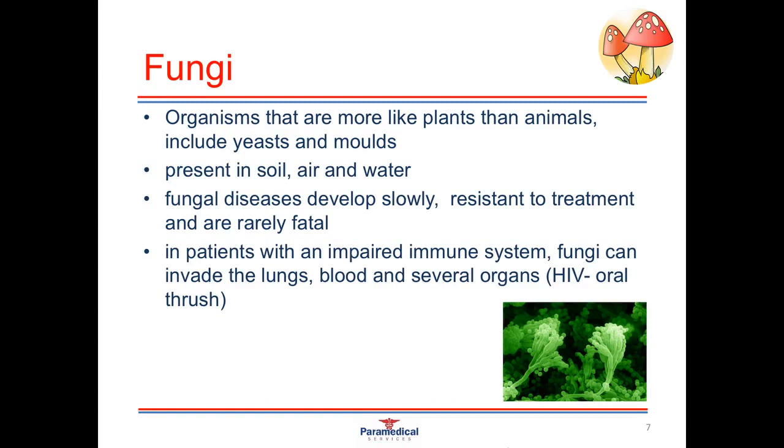For example, in an HIV patient with a very low immune system, fungi can invade the lungs, the blood, and several organs and have quite detrimental effects on those types of patients. Examples of different kinds of fungal infections are things like ringworm, athlete's foot, and thrush.